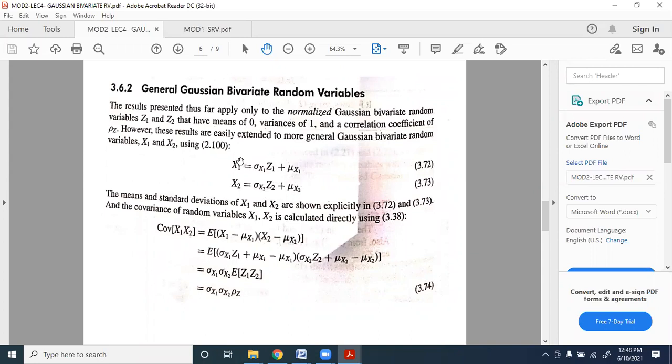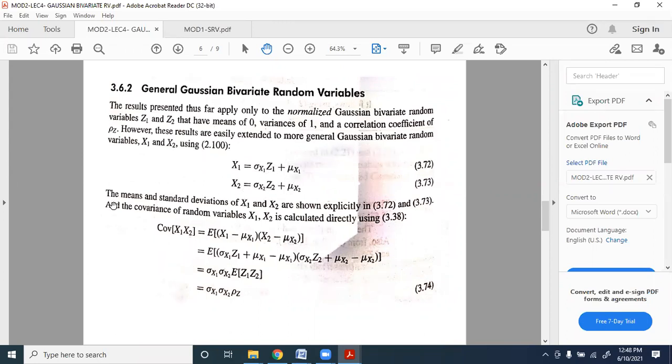So X1 will be equal to the standard deviation multiplied by Z1 plus the mean. Similarly, X2 is the standard deviation multiplied by Z2 plus the mean. So this is a more general case.